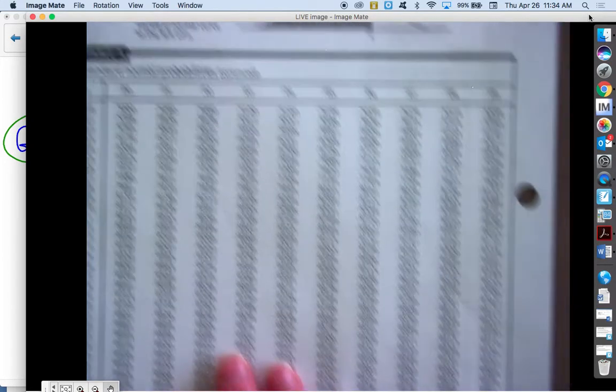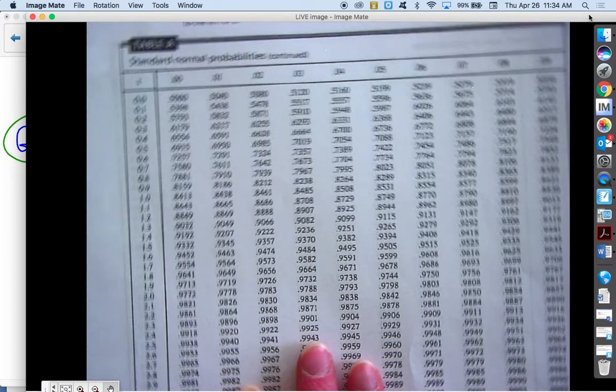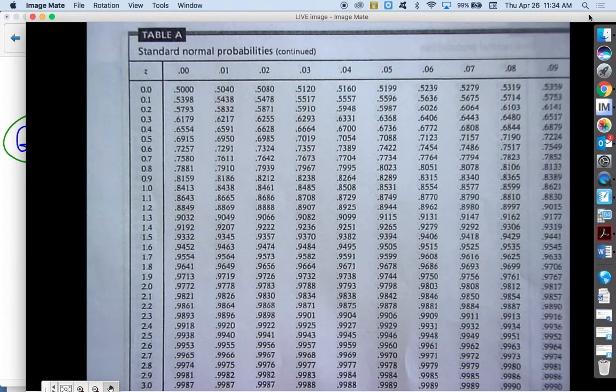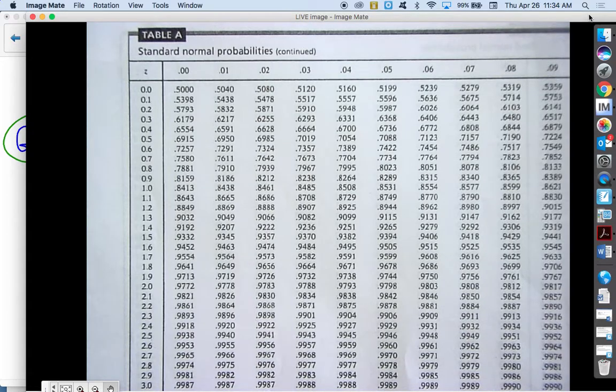Looking at the far left of the table, the far left has a Z, and below that Z are numbers. This 0.6 is what we need to find in that first column. The ones and the tenths place is what's in the first column with the Z's.